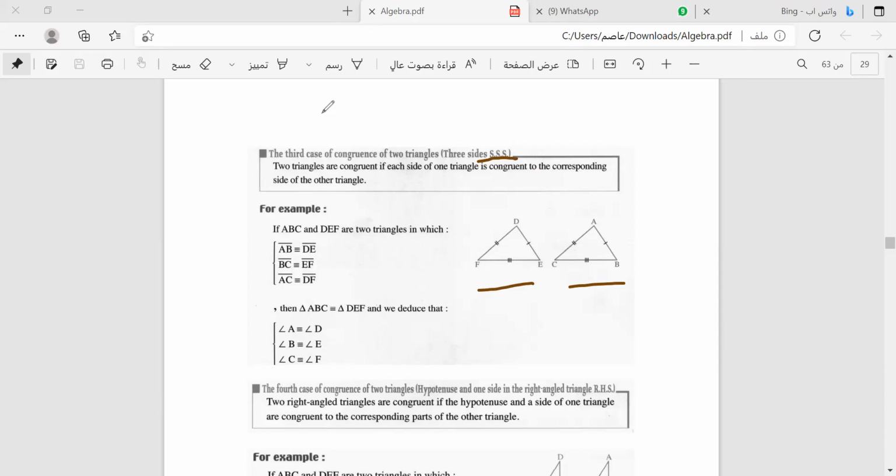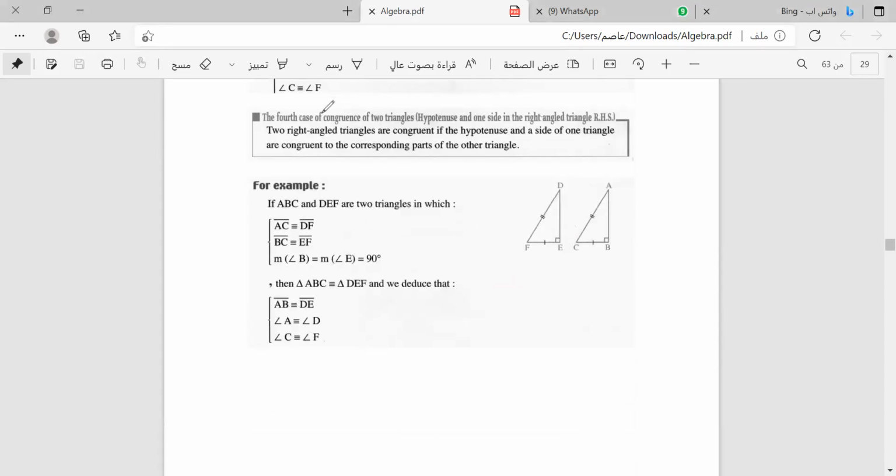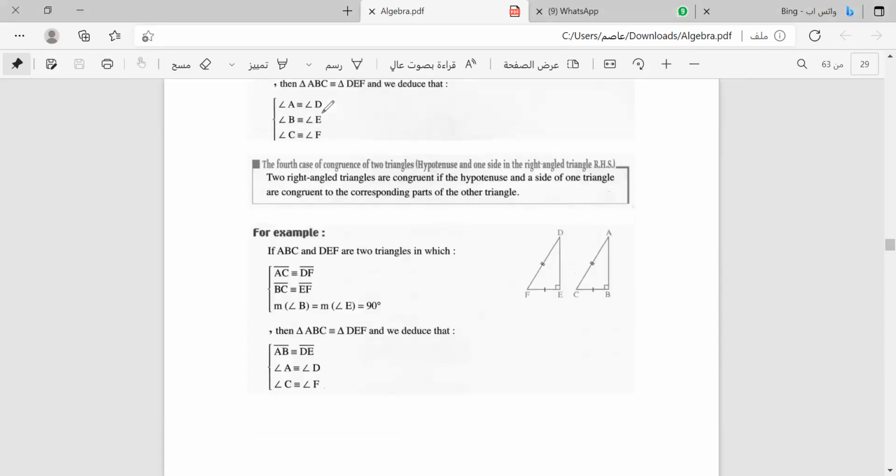The fourth case, pay attention at first. In triangle ABC, the right angle here is B. Where is the side which is opposite to right angle? I ask you. Where is CA?